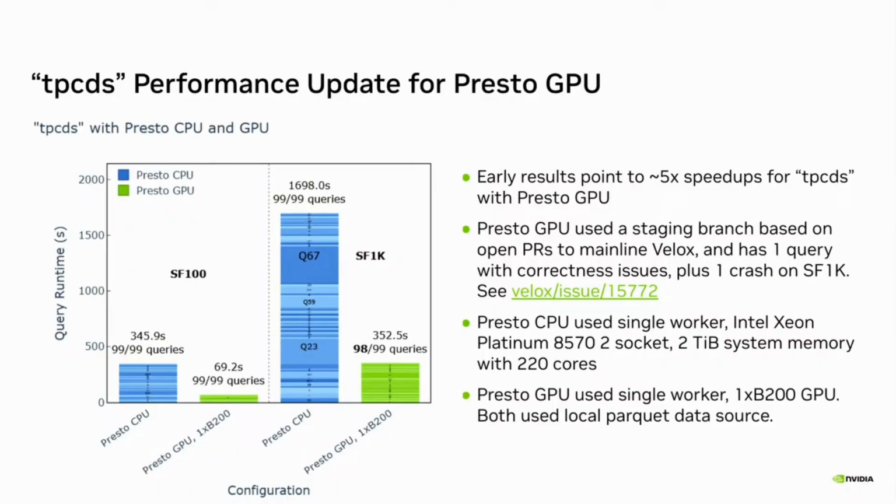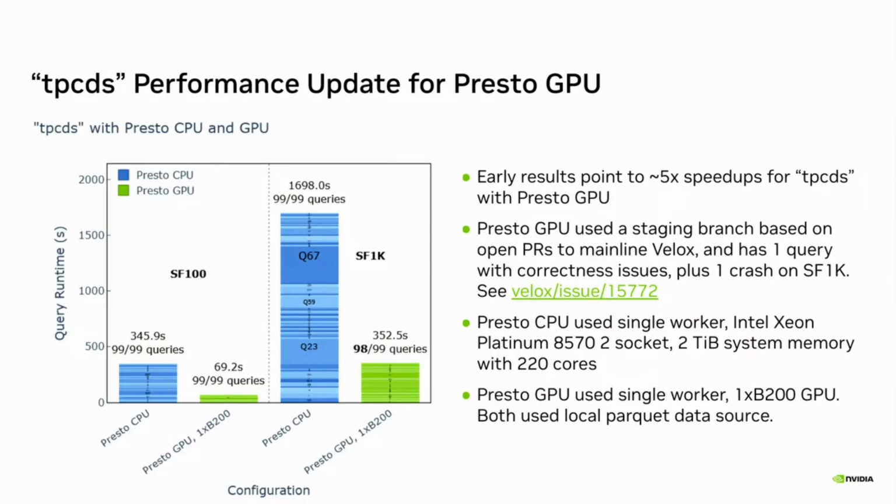Presto CPU, where we ran a single worker on a single node, on a machine with 2 terabytes of system memory and 220 cores. Our Presto GPU run is, again, with a single worker on a B200 GPU. For both of these runs, we are using locally repartitioned Parquet files as data sources.